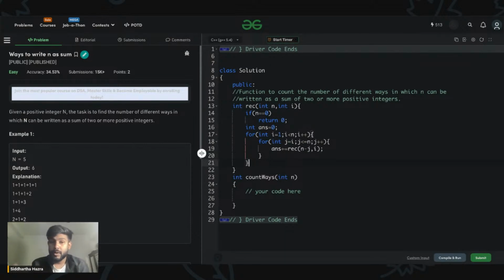It would return 1 because the node where we got 0 would lead to a solution. Each such branch becomes one solution. Okay, I would explain the base case.